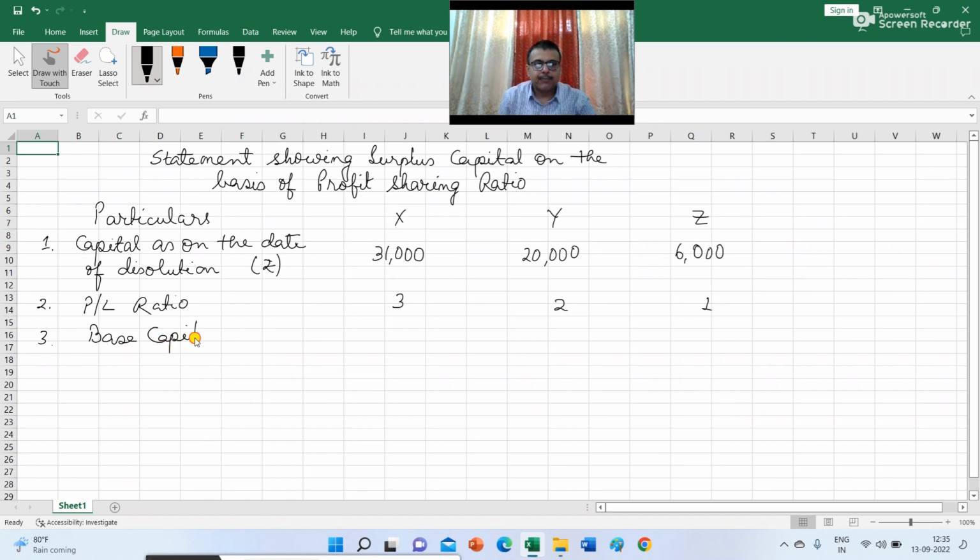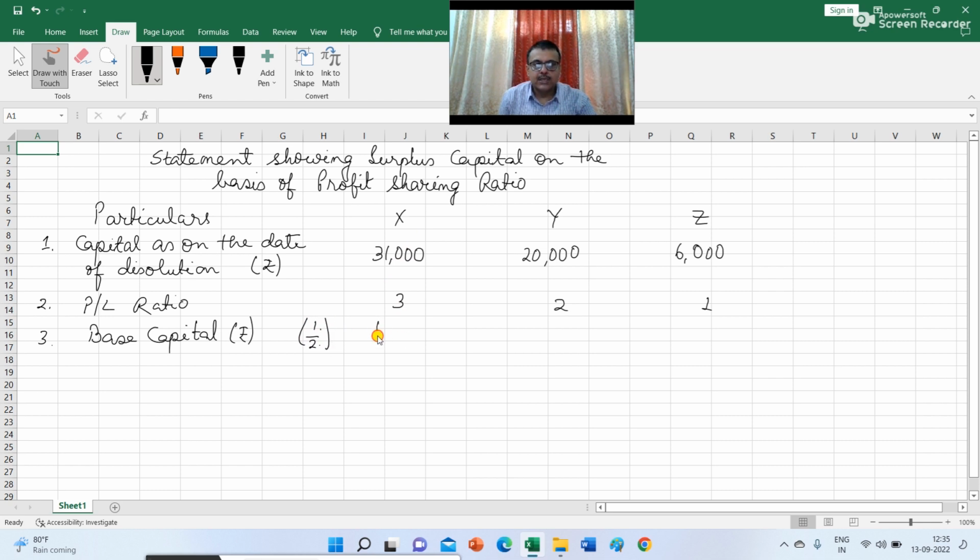How the base capital is calculated or computed, and this is denominated in rupees. So you need to divide point number 1, that is the capital of the individual partner, divided by the PL ratio, that is point number 1 by point number 2.